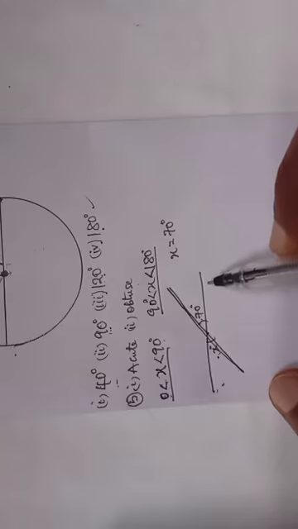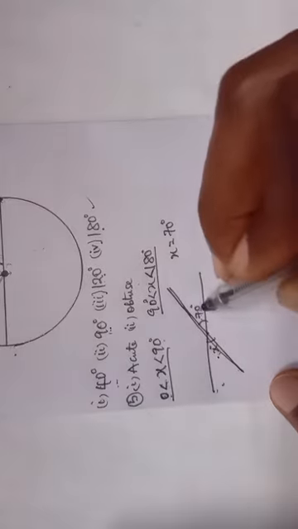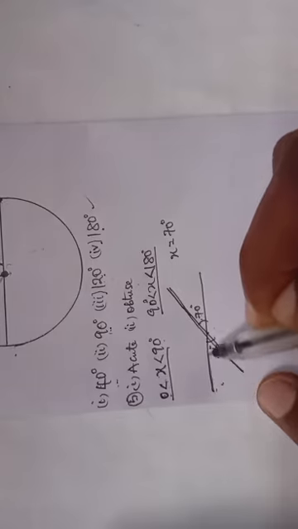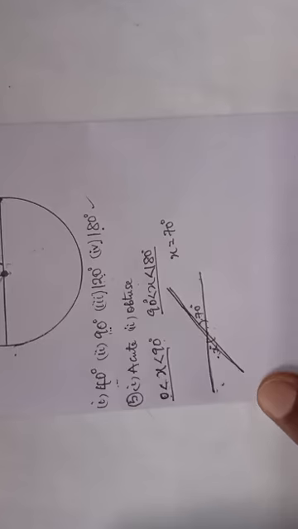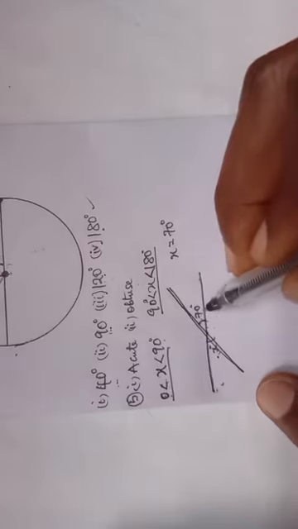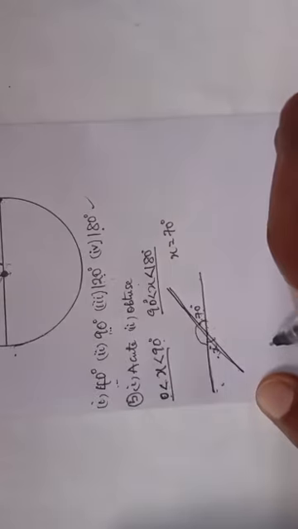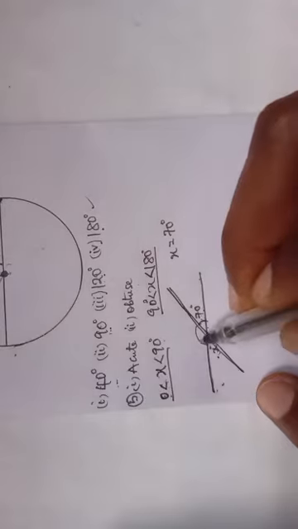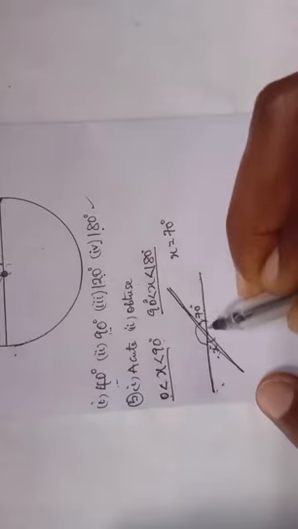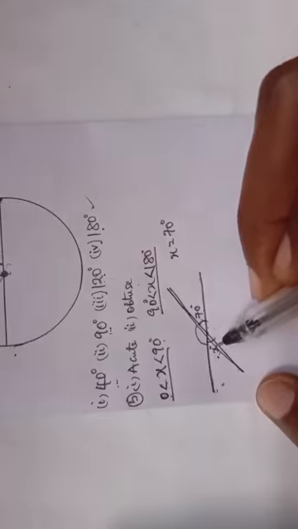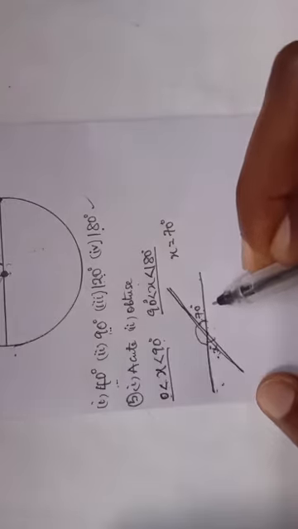Now C says find the other two angles. That means if here is 70, what will here and here be? Now, this is a straight line already, and this angle is formed on this straight line. That means an angle should also be here. This already looks like half of a circle, and we are told that the sum of angles on a straight line is equal to 180 degrees.